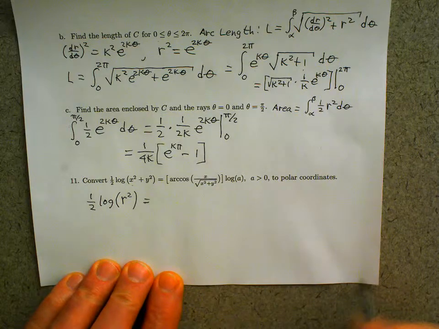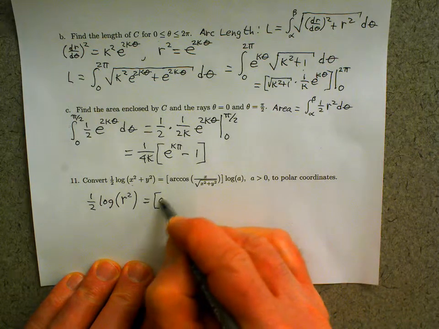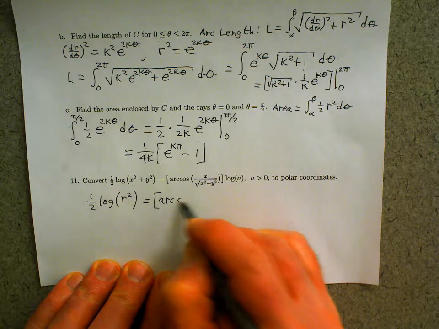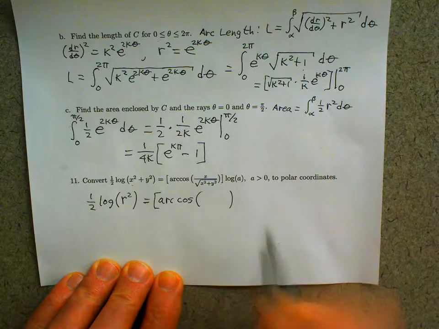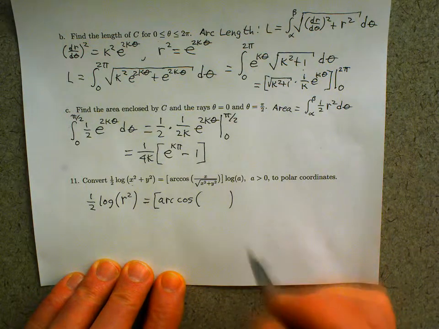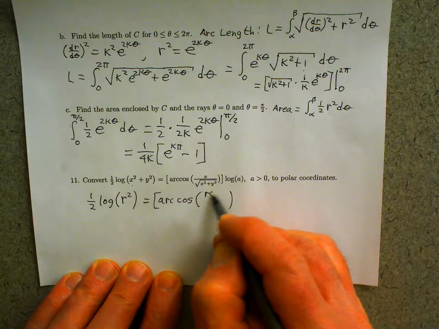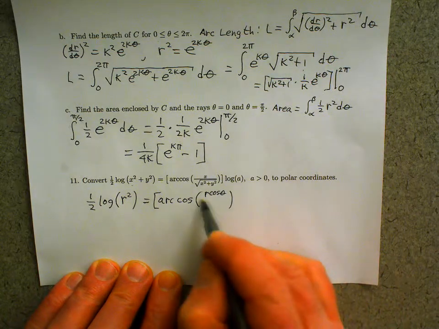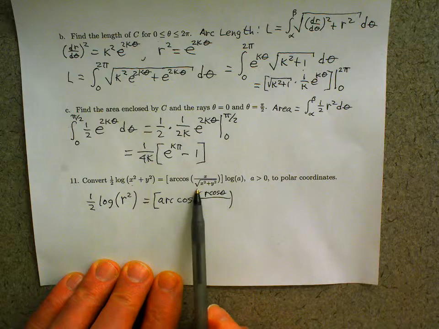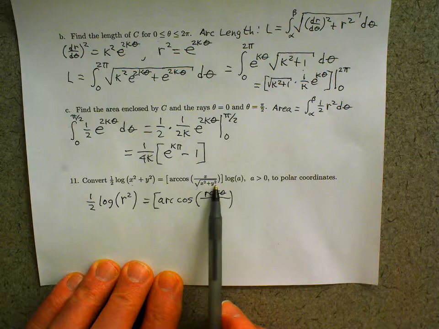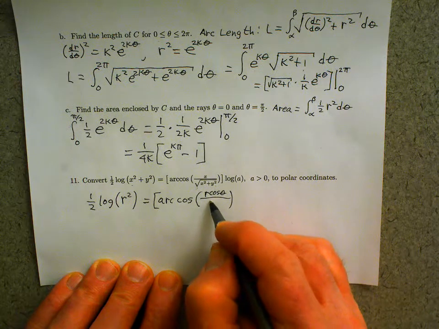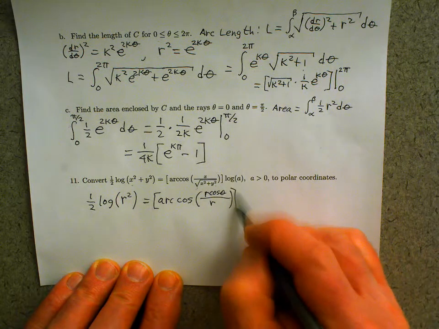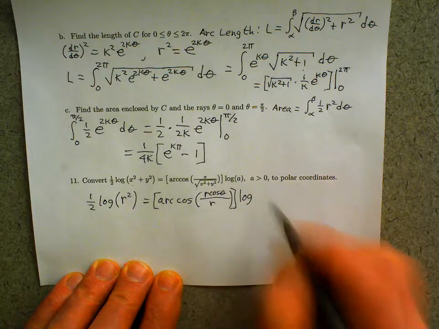And on the right-hand side, we have the arc cosine of something. In the numerator, we have x, so we replace x with r times cosine of theta. And in the denominator of the arc cosine argument is the square root of x squared plus y squared, so that's the square root of r squared. We'll just write r. And then this is multiplied by log of a.